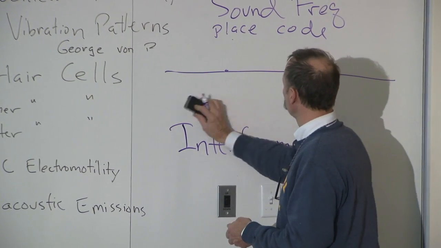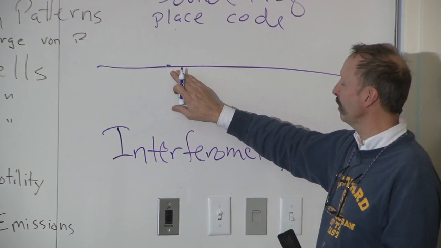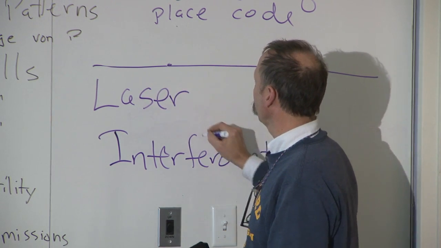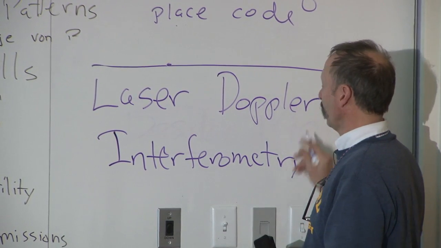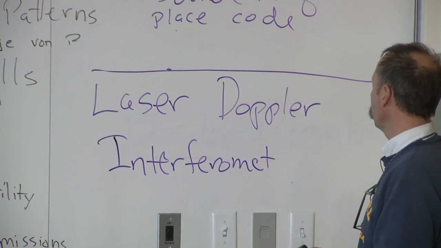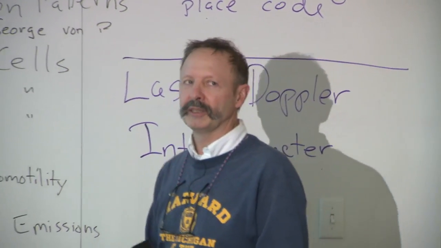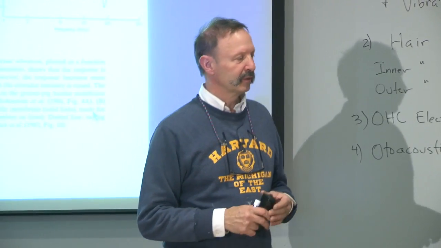And if the source is moving, like the basilar membrane is moving when you stimulate it with sound, you can use a laser to shine the light, and you can use the Doppler interferometer, which is a device that measures the shift in light when there's a moving light source or a moving light reflection.